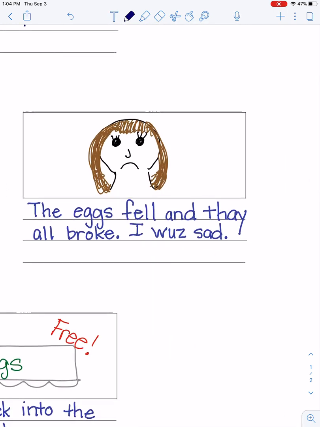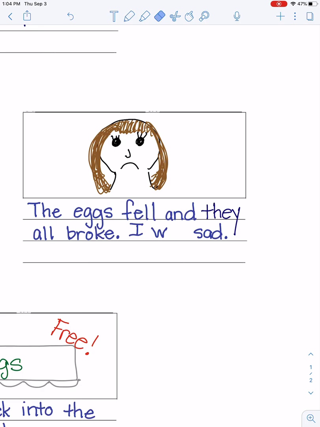I was sad. Well, again, I'm noticing I've got a sight word right here, which is the word they. And that's not how it's spelled. If I use my word wall to check it, I'm noticing, and go ahead and erase it, that that is actually spelled in a different way. T-H-E-Y. They all broke. I was. Uh-oh. We don't spell was like that.